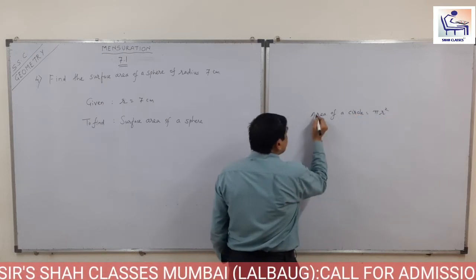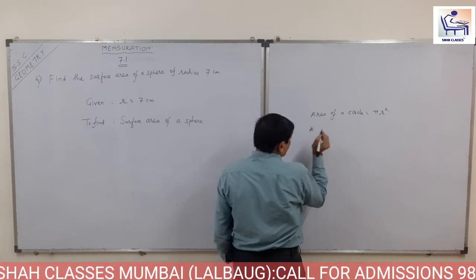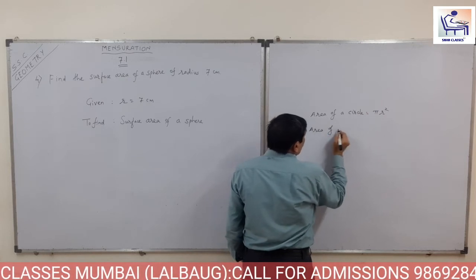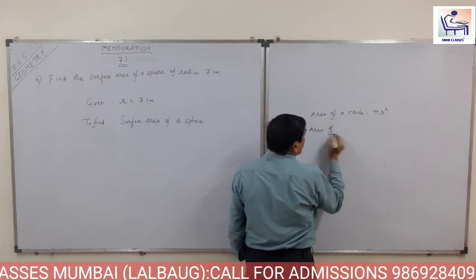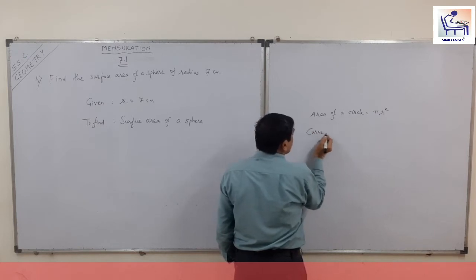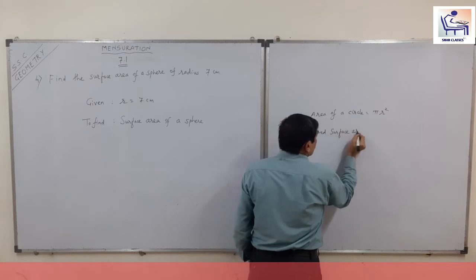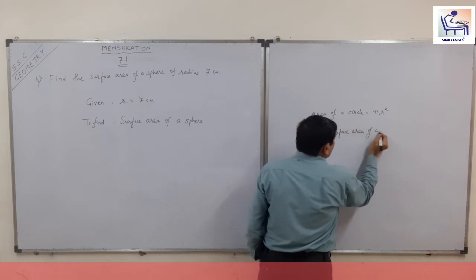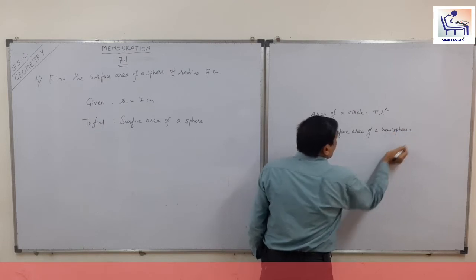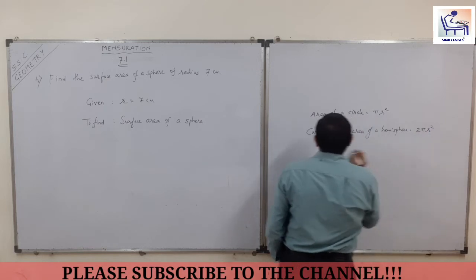Pi r square. Then area, okay, please remember area of that is your flat surface. Then curved surface area of a hemisphere is 2 pi r square.